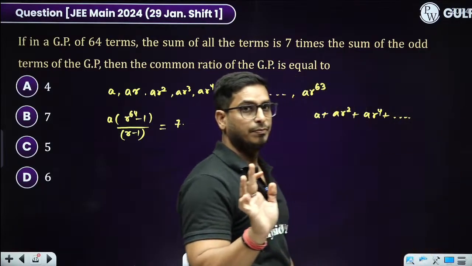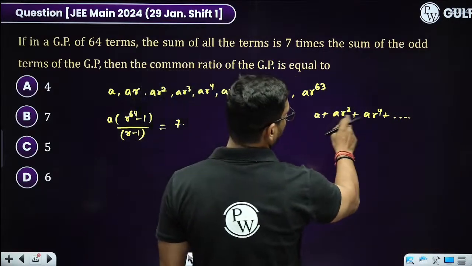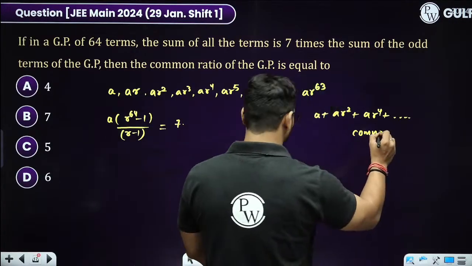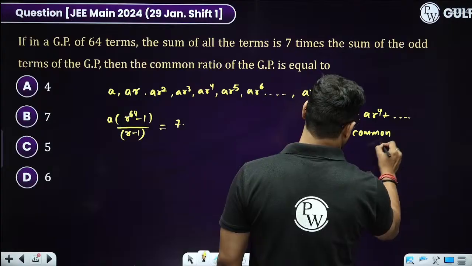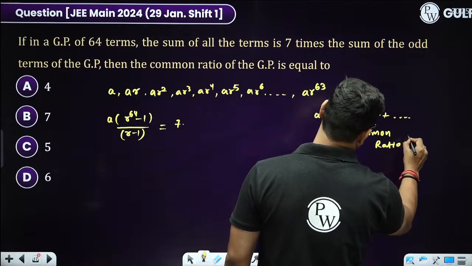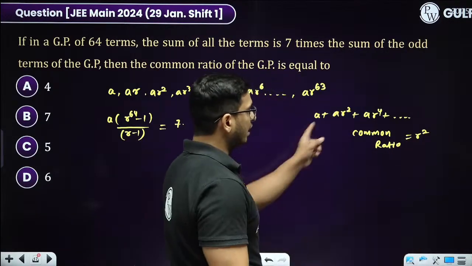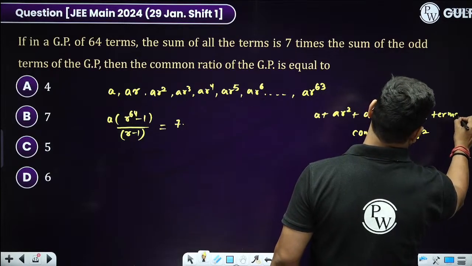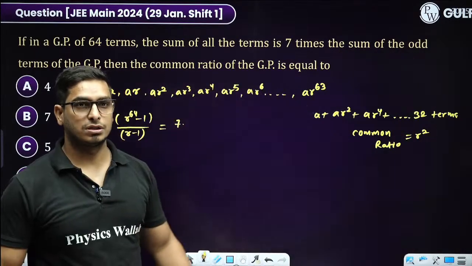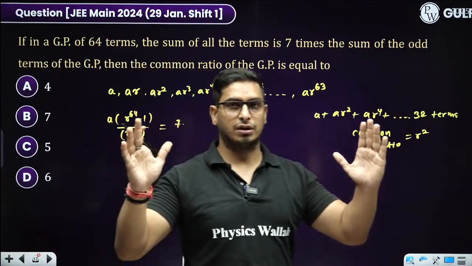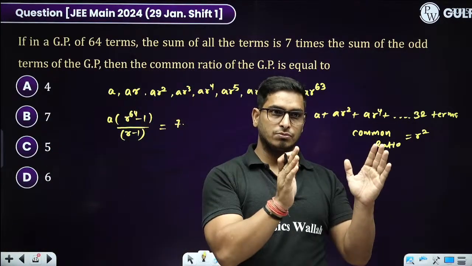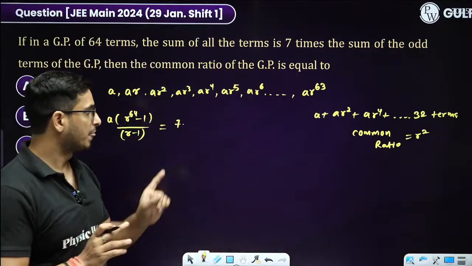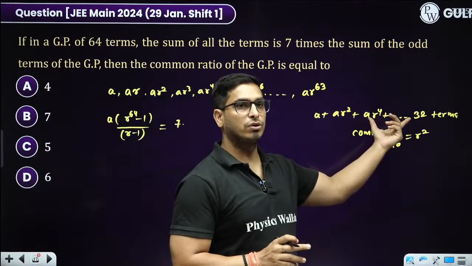We just wanted to know the common ratio. What is the common ratio here? Common ratio is r square, and we have 32 terms. Because we have 64 terms, there will be 32 odd terms and 32 even terms.